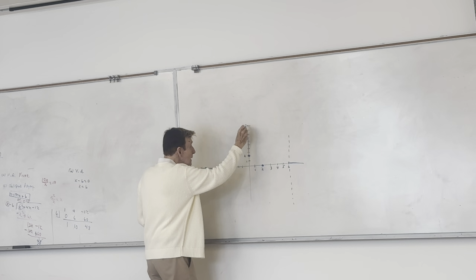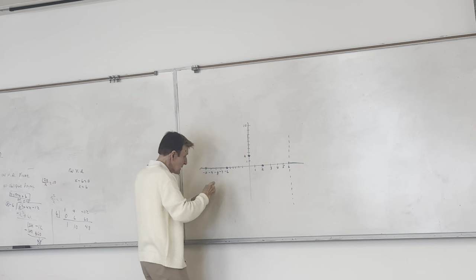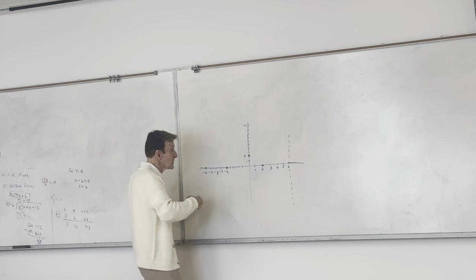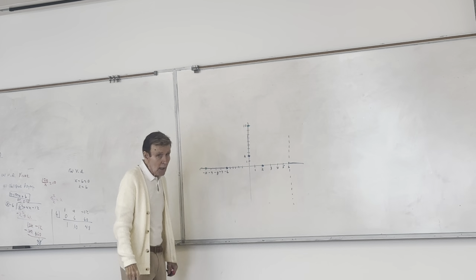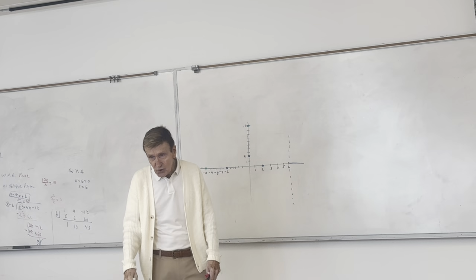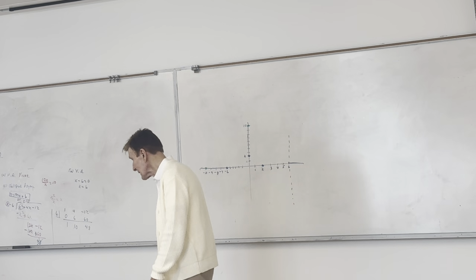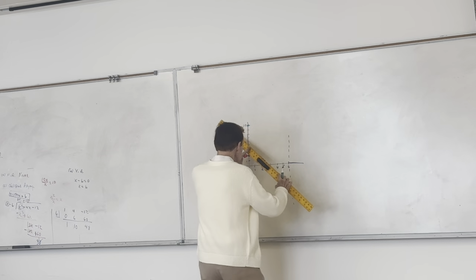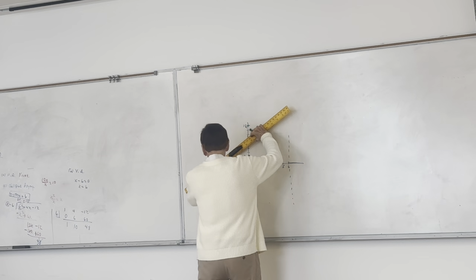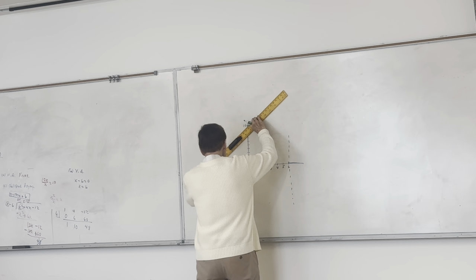Up here, mark this in green, and I'll get out of your way. Those 2 points connected should give me the oblique. Some textbooks call this a slant asymptote, so it's going to look something like this.